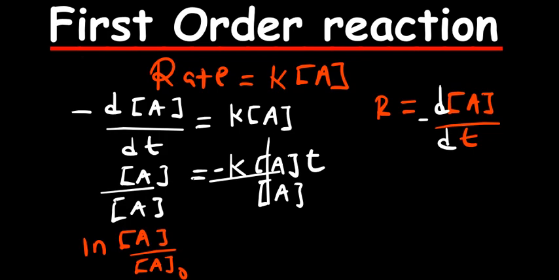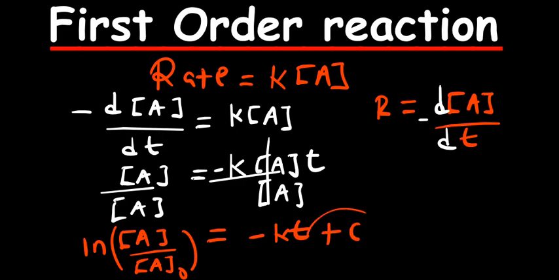Now this one is initially, this will be equals to negative kt. Then you have to remember that we're supposed to integrate. After you differentiate, you're always integrating. So because you are integrating, you're going to put a plus c.